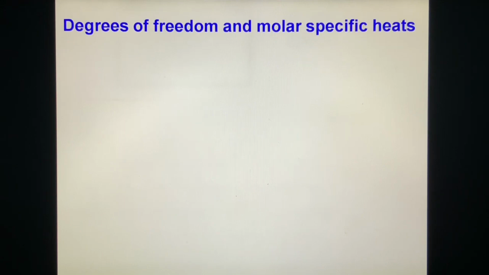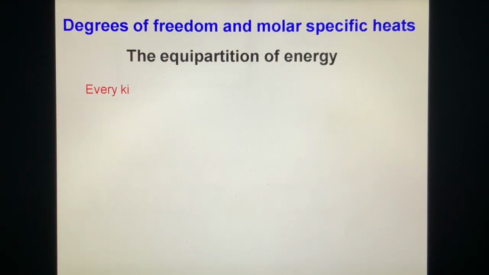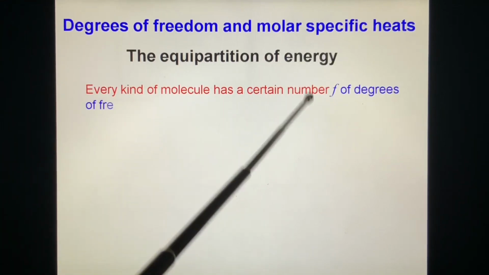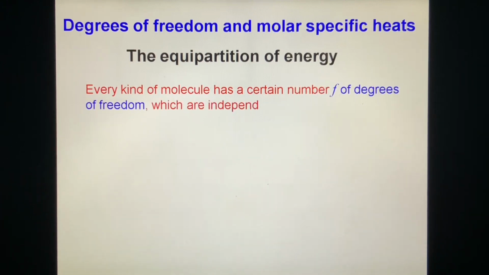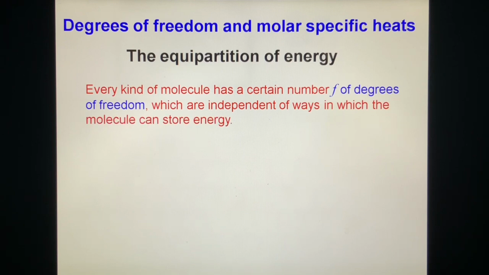Degrees of freedom and molar specific heats. The equipartition of energy. We know that every kind of molecule has a certain number f of degrees of freedom, which are independent ways in which the molecule can store energy.